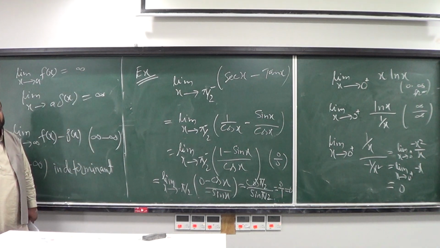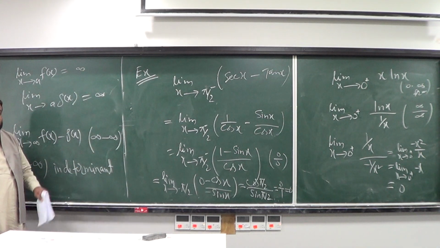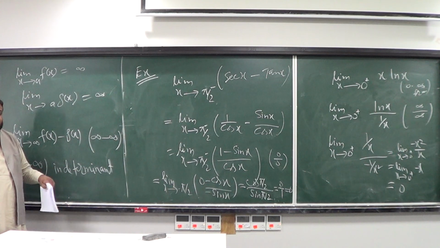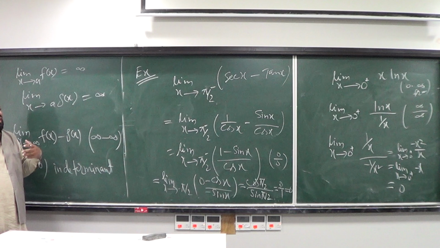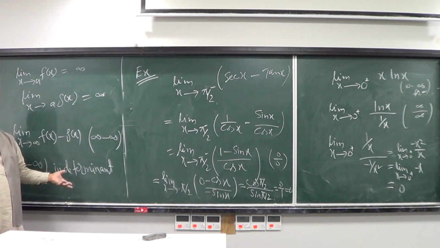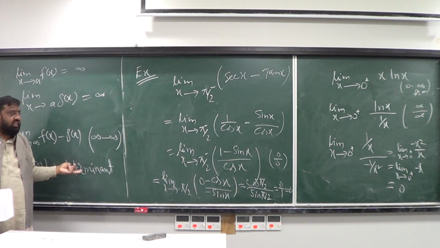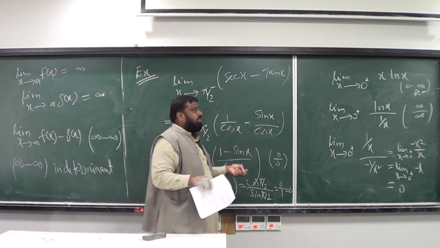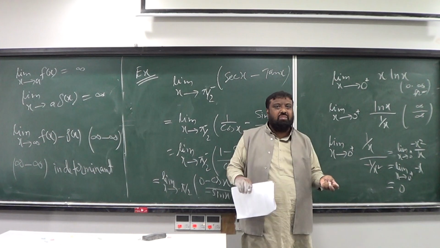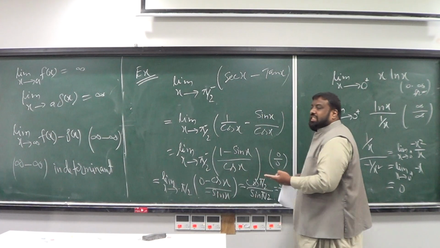Again, the key trick is to convert your indeterminate form into 0 by 0 or infinity by infinity form. Obviously, first you need to determine what the indeterminate forms are. 0 by 0 is an indeterminate form, infinity by infinity is an indeterminate form, 0 multiplied by infinity is an indeterminate form, infinity minus infinity is an indeterminate form.